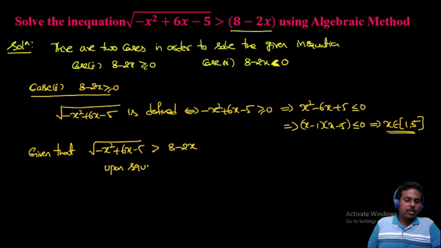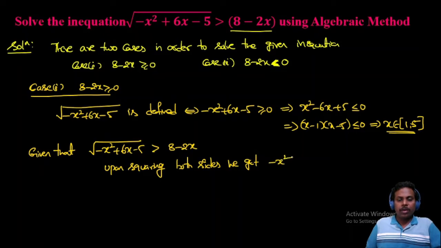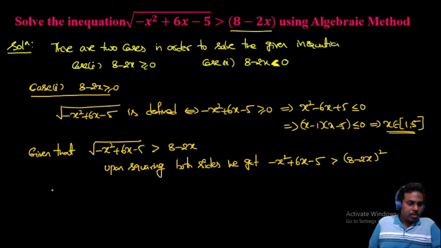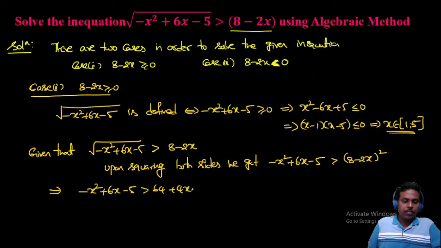Upon squaring both sides, we get minus x square plus 6x minus 5 greater than 8 minus 2x whole square. So this implies minus x square plus 6x minus 5 greater than 64 plus 4x square minus 32x.